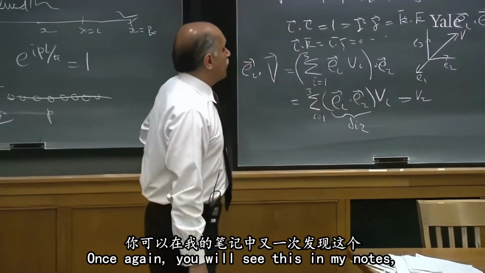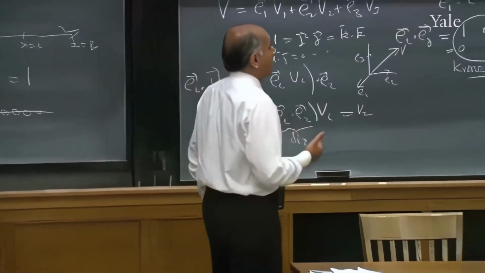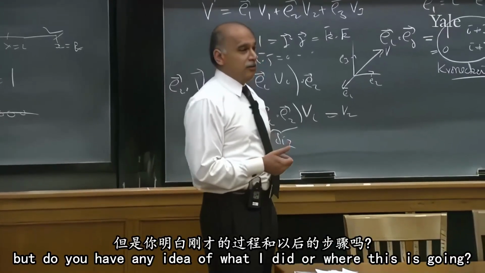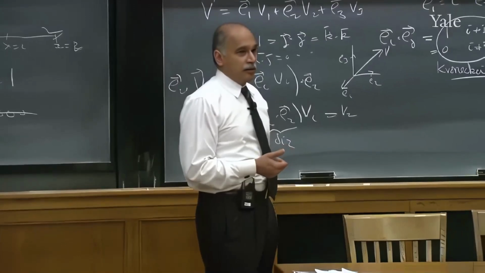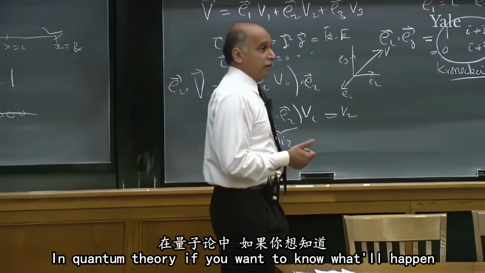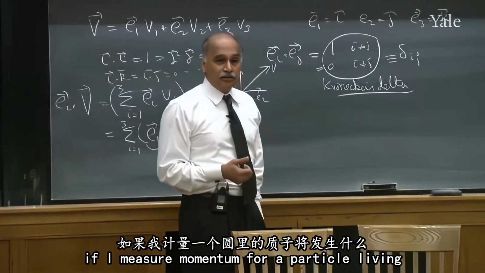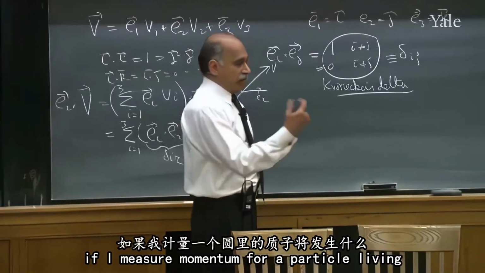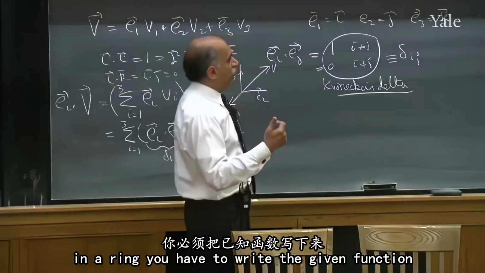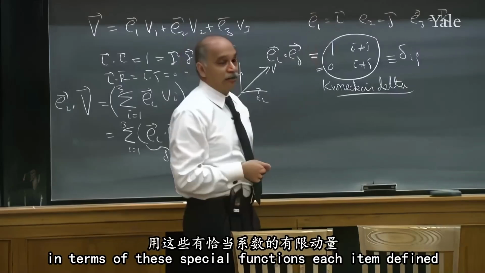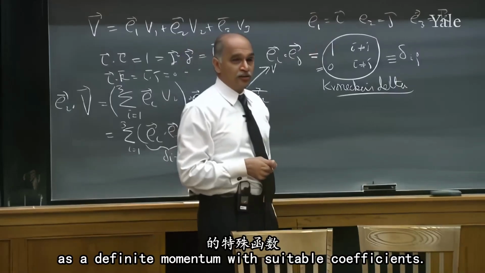Once again, you will see this in my notes, but do you have any idea what I did or where this is going? In quantum theory, if you want to know what will happen if I measure momentum for a particle living in a ring, you have to write the given function in terms of these special functions, each identified as a definite momentum, with suitable coefficients.